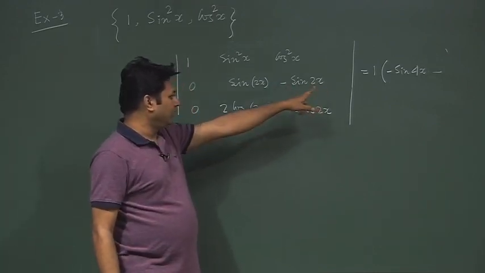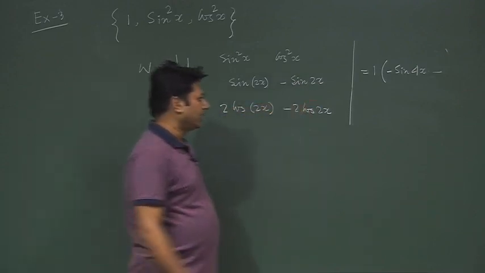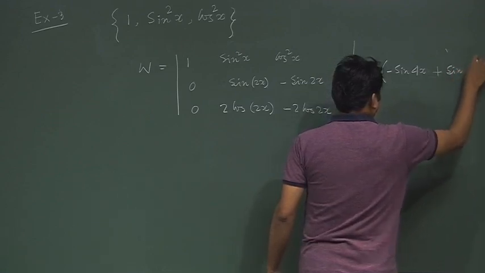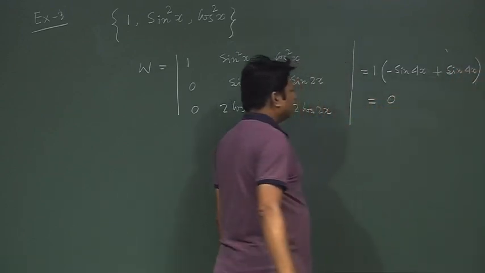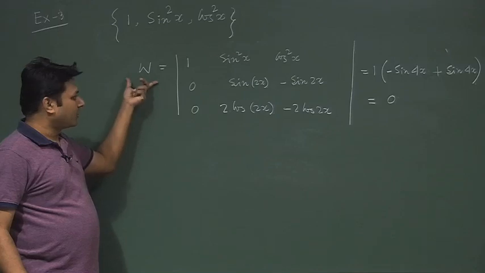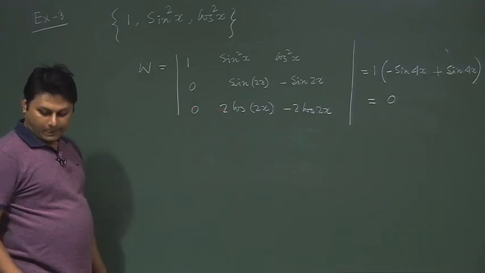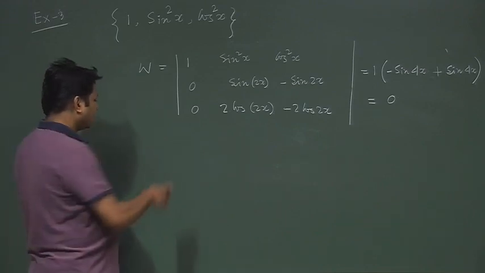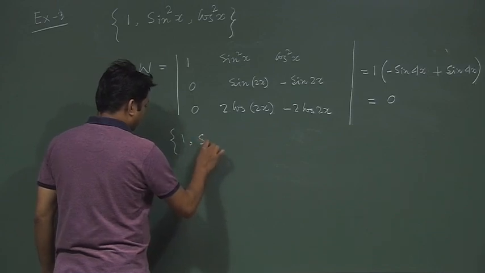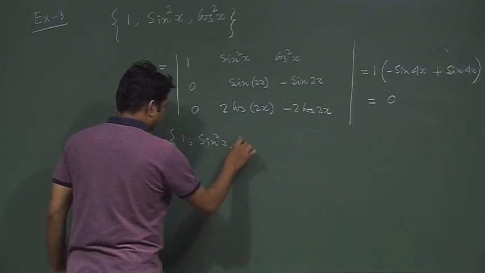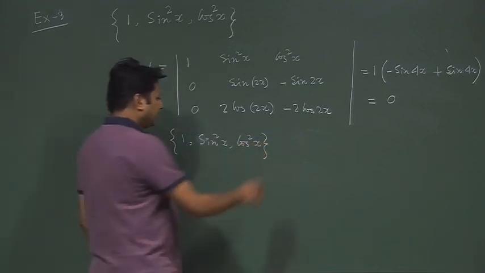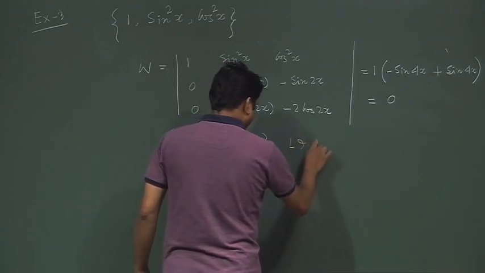This minus will be added with the minus sign there and it will be plus of sin 4x, so it will be 0. So now I find that this is a set of functions whose Wronskian is 0. That means the set of functions 1, sin square x, cos square x is linearly dependent on each other.